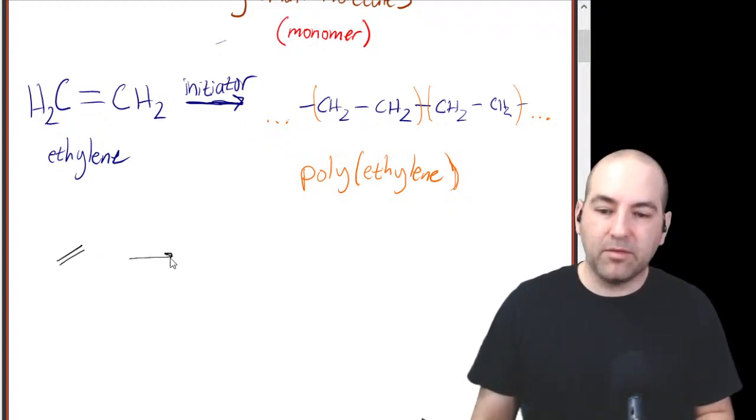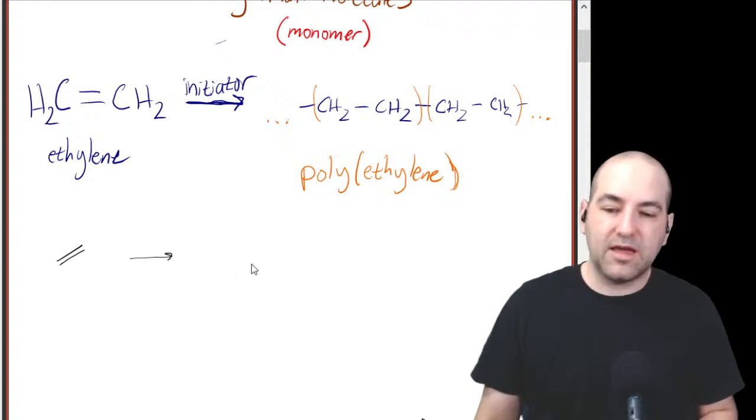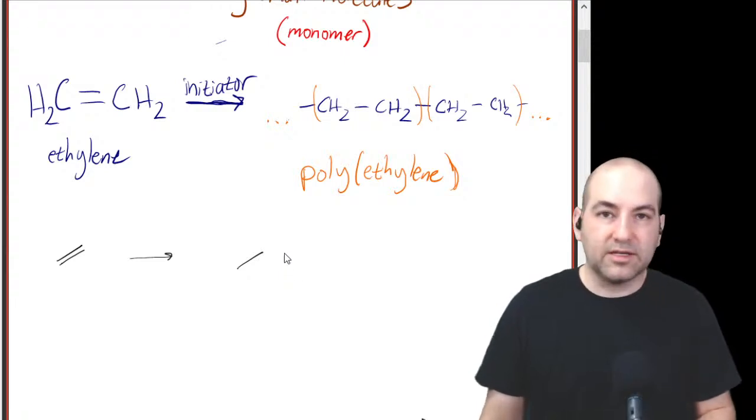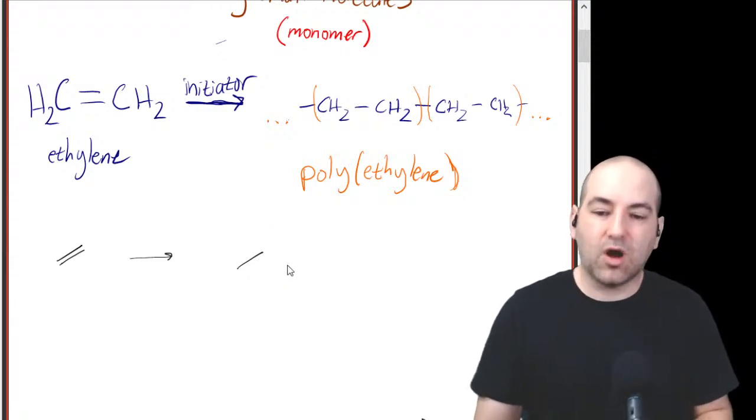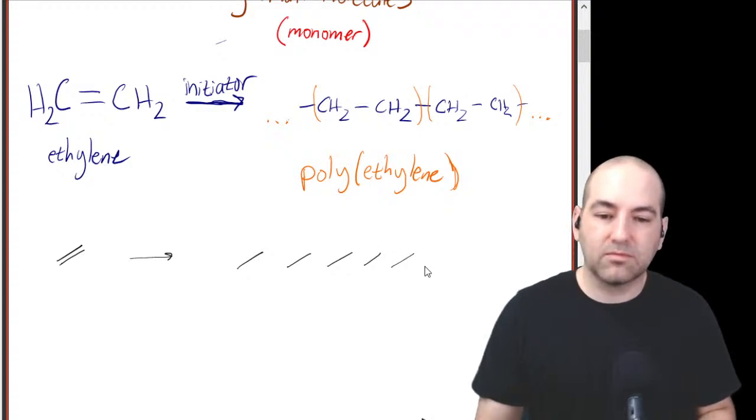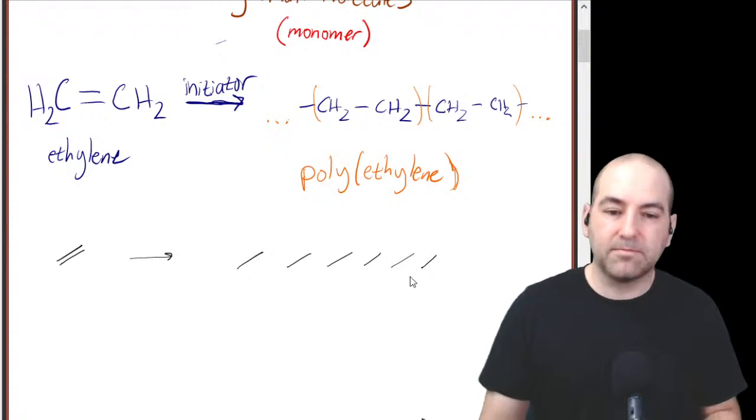Then if we draw the polymer of ethylene, we would take that same structure and connect it over and over again. So we have this. And one way you can do this, just to kind of see how it goes, is draw the thing over and over again first, and then do the connecting. So here's the drawing over and over again, and then we can do the connecting.